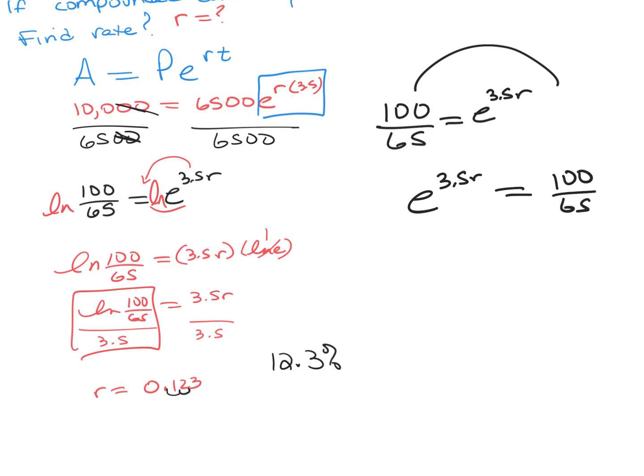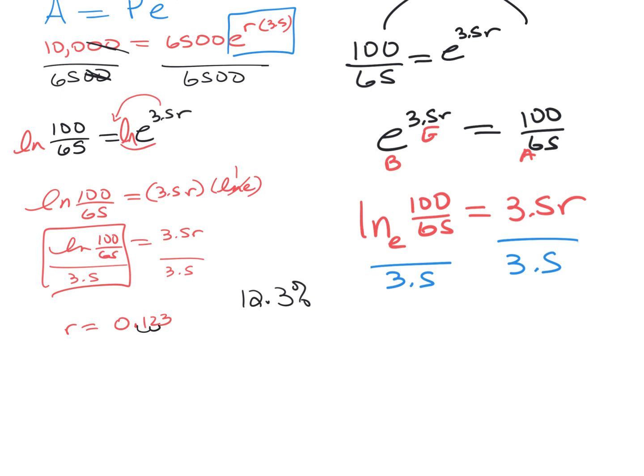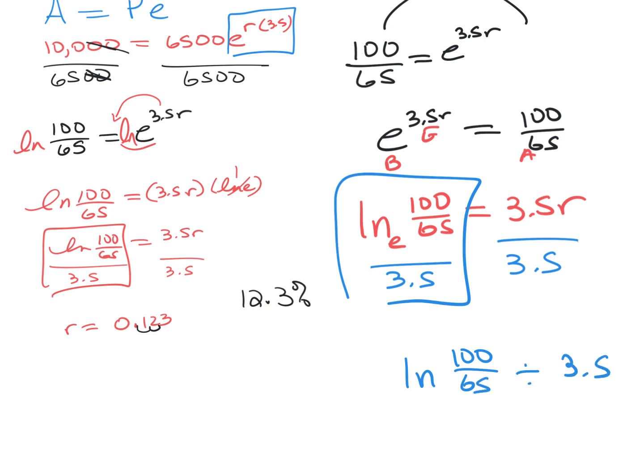I could turn this into log, because right now it's base E. I could do ln, because the assumed base here is an E, and then 100 over 65 equals 3.5R. So then essentially all you're doing is dividing both sides by 3.5. So again, key this in your calculator, hit the ln button, and then fill in 100 over 65. You could do the alpha y equals to get the fraction, and then do divided by 3.5. And then you should get this decimal, but then you have to make it into a percent.